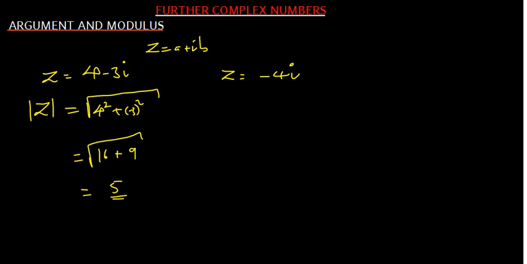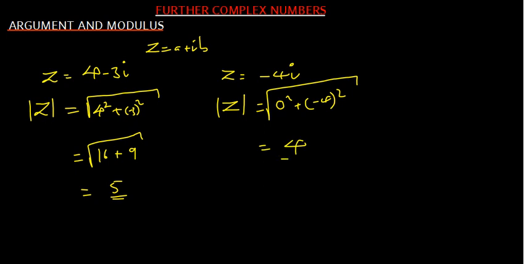And so same, when you want to find its modulus, you get the x component. Now the x component is 0, so that will be 0 squared. Get the y component, which is negative 4. You just get the number in front of i and square it, and then take the square root of that. Well, that is going to give us 0 squared, which is 0. Negative 4 squared is 16. The square root of 16 is 4. So that is the modulus of that complex number.